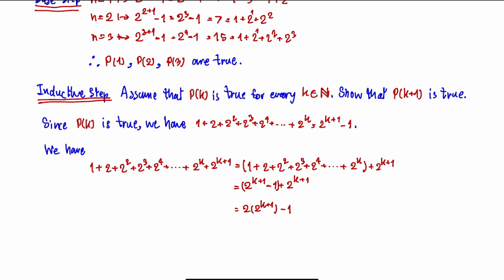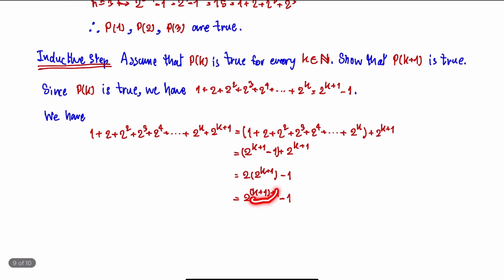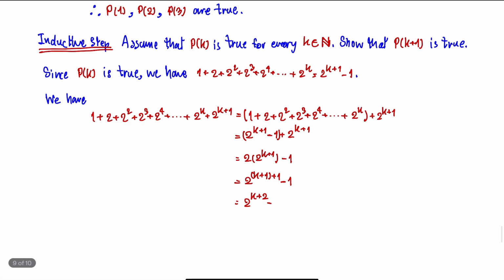Then it turns out to be 2 to the (k plus 1) plus 1 minus 1. It's like you plug in k plus 1 into n here. So it turns out to be 2 raised to the k plus 2 minus 1. So we have shown the inductive step.